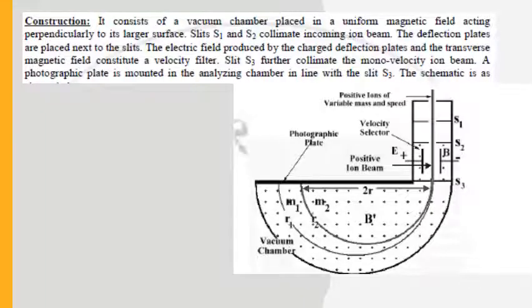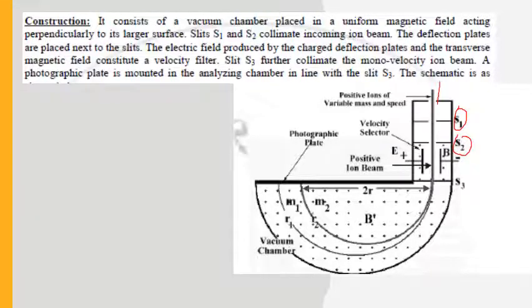Now see the construction. Basically, it is a vacuum chamber placed in a uniform magnetic field acting perpendicular to its larger surface. We have used two slits. This is the S1 slit, this is the S2 slit.